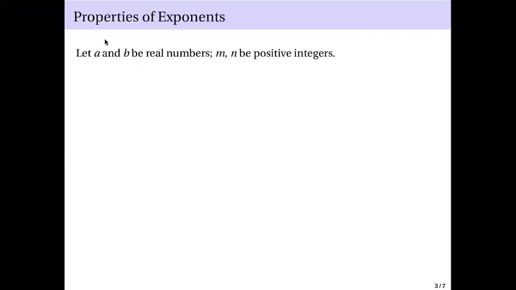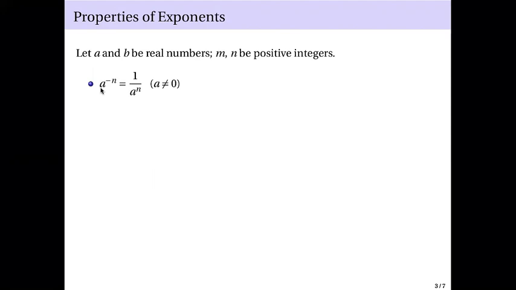Now, some properties of exponents. Let's just recall this. Let a and b be real numbers and m and n be positive integers. First, let us define negative integer powers.